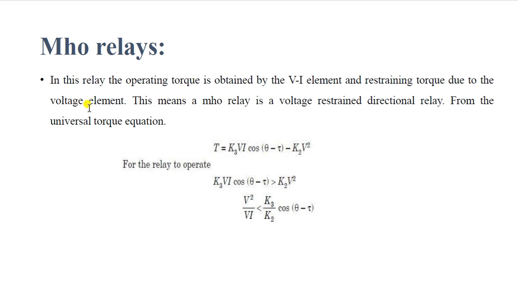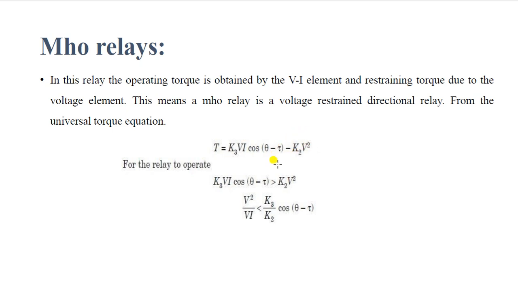Mho relay. In this relay, the operating torque is obtained by the VI element and the restraining torque due to the voltage element. This means a Mho relay is a voltage restraint directional relay. From the universal torque equation, we have the torque equation T equals K3 VI cos(theta minus tau) minus K2 V squared.